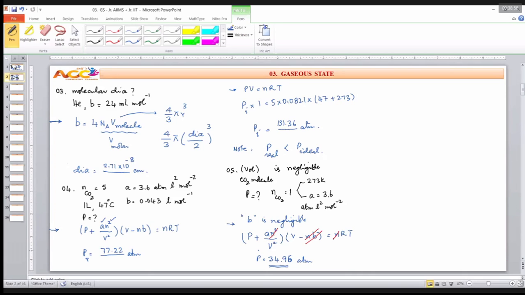Exactly a similar problem, but you can do it. You can manage the calculations also very easily. Let us try to do that one. See what next he's saying.